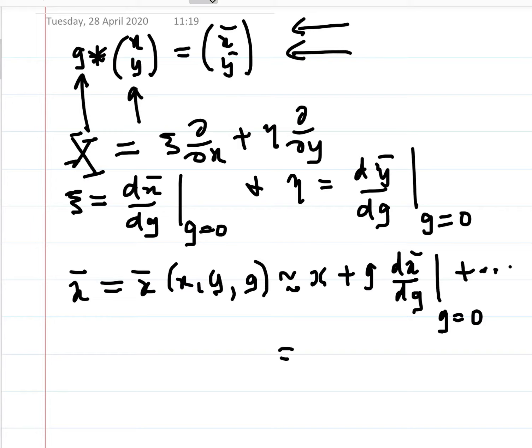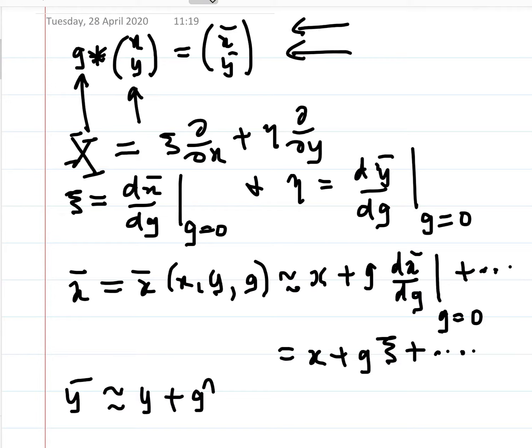This is equal to x plus g xi. The dx bar by dg at g equal to 0 is in fact xi, and this is the same xi that features in the vector field. And similarly, we can show that y bar up to order 1 in g can be written as y plus g times eta, and then of course higher powers of the parameter.